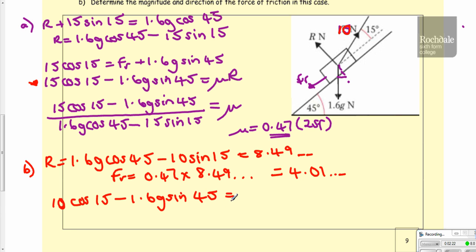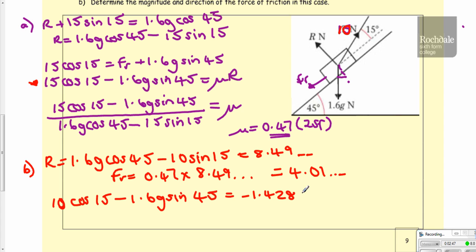And if you work that out, that works out to be minus 1.428. What that means is that the maximum possible value of friction you could have in this case is around about 4 newtons, but we don't need 4 newtons because the forces that are acting on this object are not pulling it to a situation of limiting equilibrium.